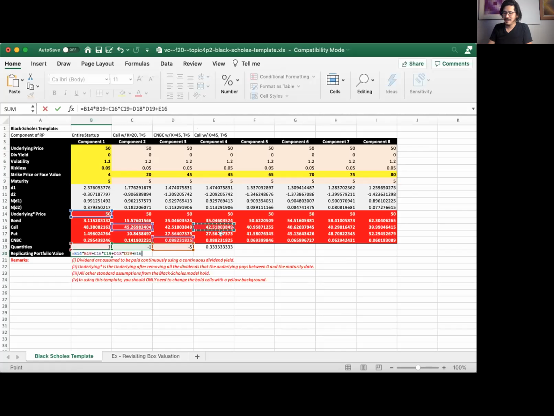So price times quantity. Does that make sense to people? So look, the thing to get comfortable with is, in the red space, which cell do you highlight? You highlight the cell that is properly labeled in your components for the replicating portfolio, right? And then you need to keep track of the quantities.